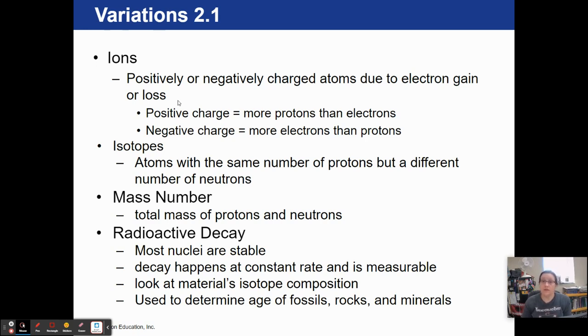Clear as mud? All of those words have "on" in them, it seems like, so it gets a little bit confusing. So you'll want to look at the mass number to see how many protons and neutrons it has, to get an idea of how many electrons it should have. And then there's also something called radioactive decay that they explain in the book.